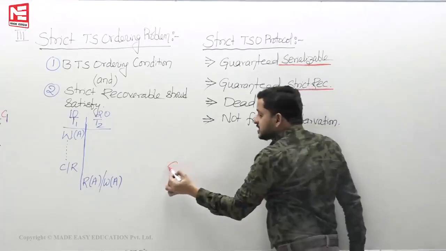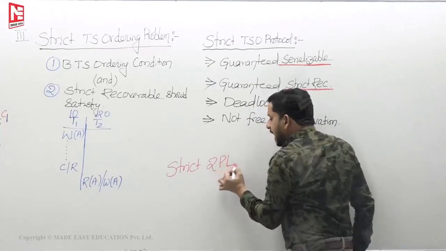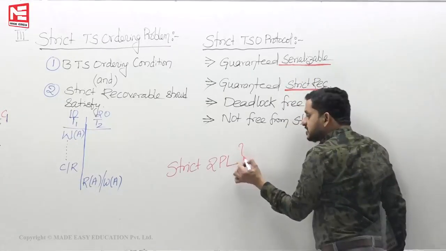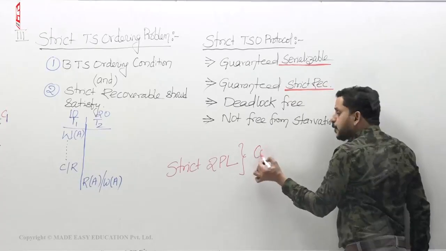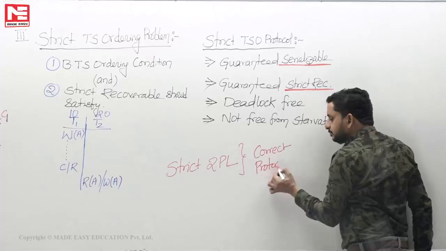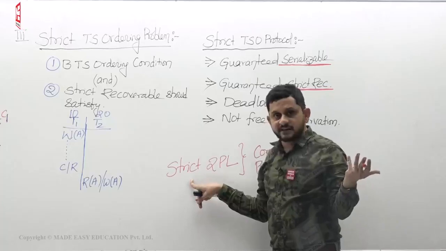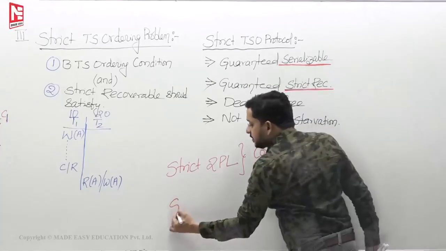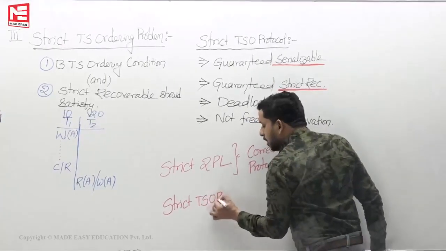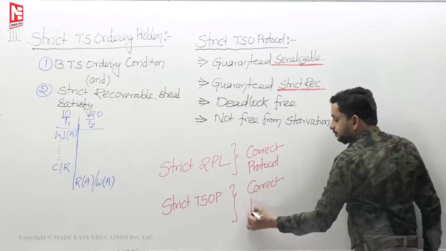The way strict 2PL is a correct protocol, guaranteeing serializability and strict recoverability, the way we say strict 2PL is a correct protocol for concurrency control because it guarantees both, similarly the strict timestamp ordering protocol is also a correct protocol for concurrency control.